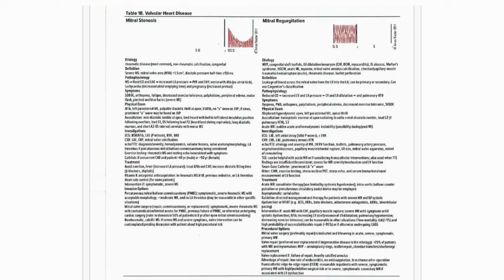Finally, the table outlines intervention. Percutaneous mitral balloon commissurotomy, or PMBC, is preferred in symptomatic patients with severe rheumatic mitral stenosis who have favorable valve anatomy and no left atrial thrombus. If balloon commissurotomy is unsuitable or unsuccessful, mitral valve surgery, including repair or replacement, is indicated.